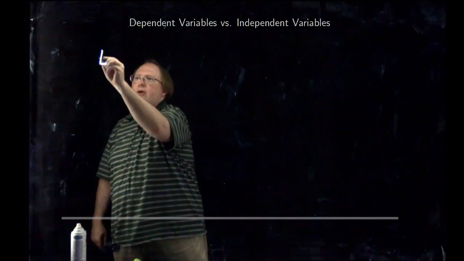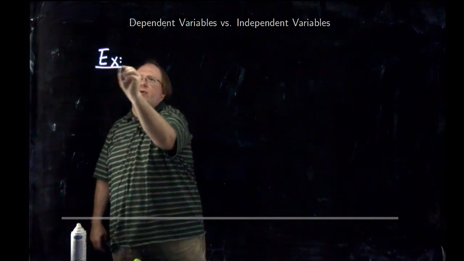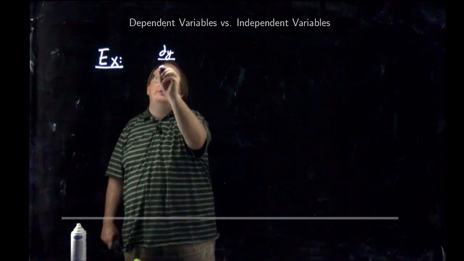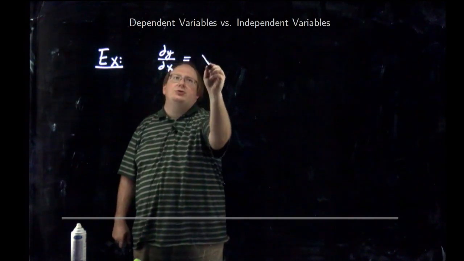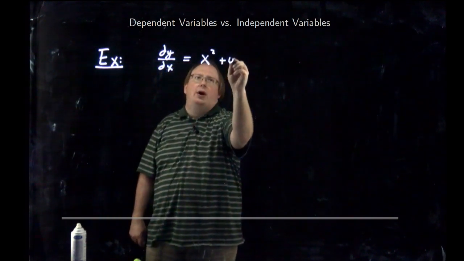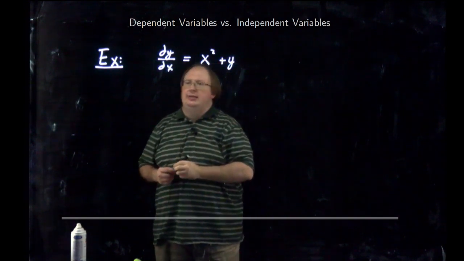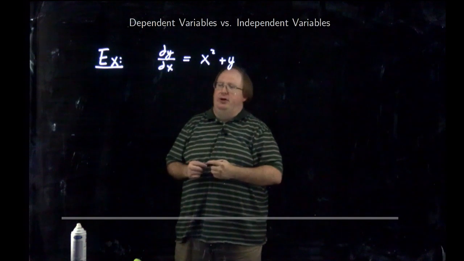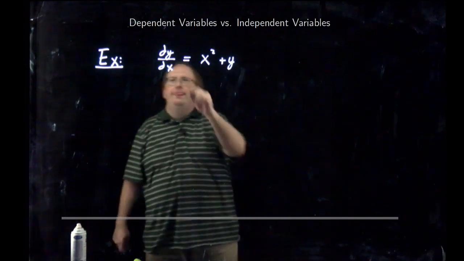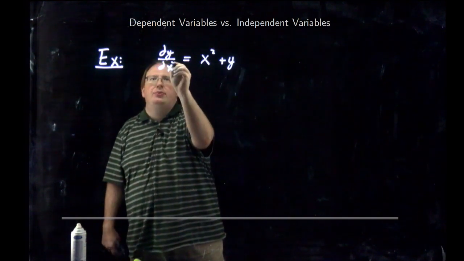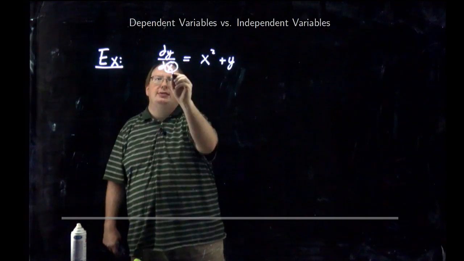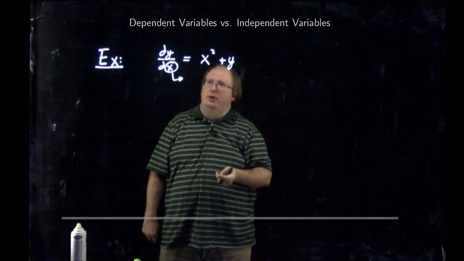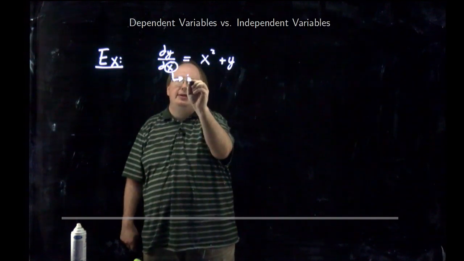So when you look at an ODE, for example, we'll have dy over dx is equal to x squared plus y. The question is, which one is the independent variable and which one is the dependent variable? Well, basically, when you take something with respect to a variable, those are typically independent.